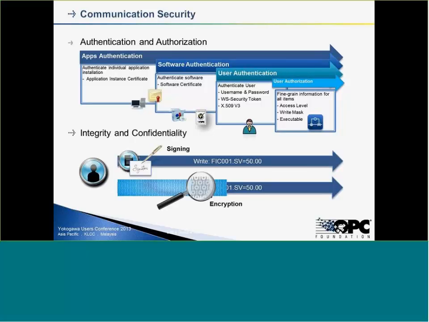From a security standpoint, what this really means is that OPC UA has built in a simple security mechanism for authentication and authorization. We have application authentication, we have software authentication, we have user authentication, and we have user authorization. So we have multiple ways of making sure that the client and server are secure.